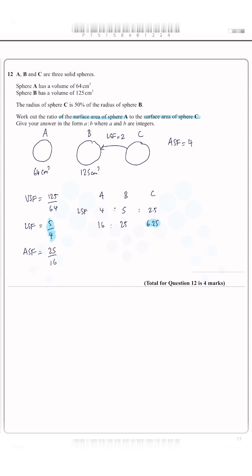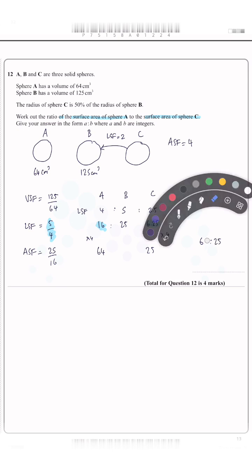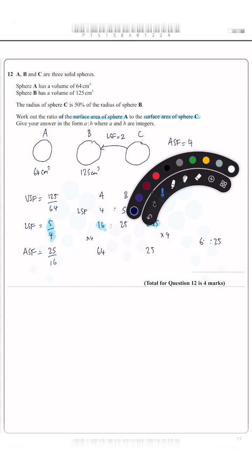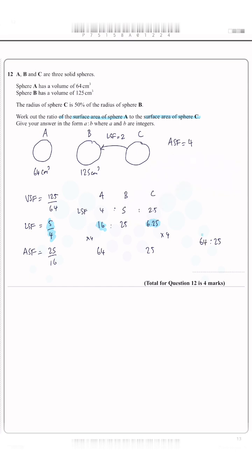So these are the two values I'm comparing. If I times both of them by 4, I will no longer have any decimal values. This will give me 64 over here, and this will give me 25. So the surface area of A is 25, and as a ratio to C, which is 64, and that is my answer. There you go.